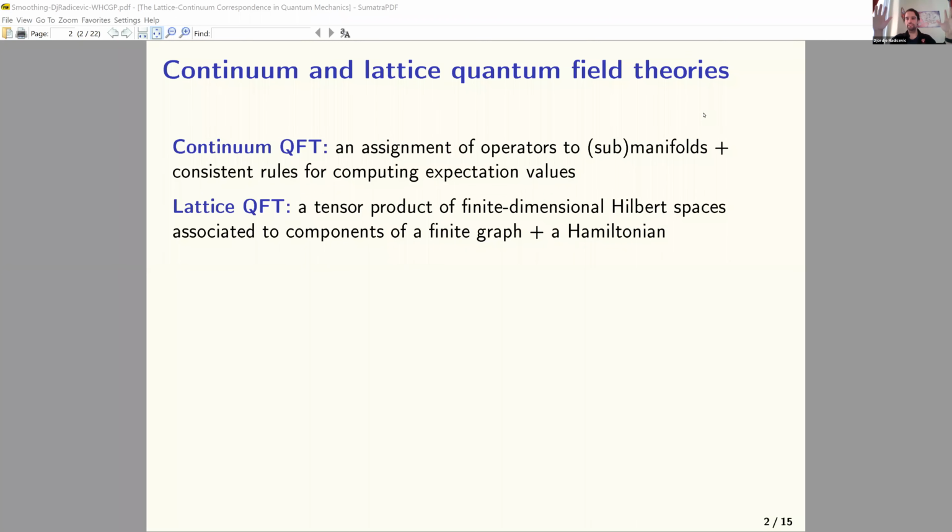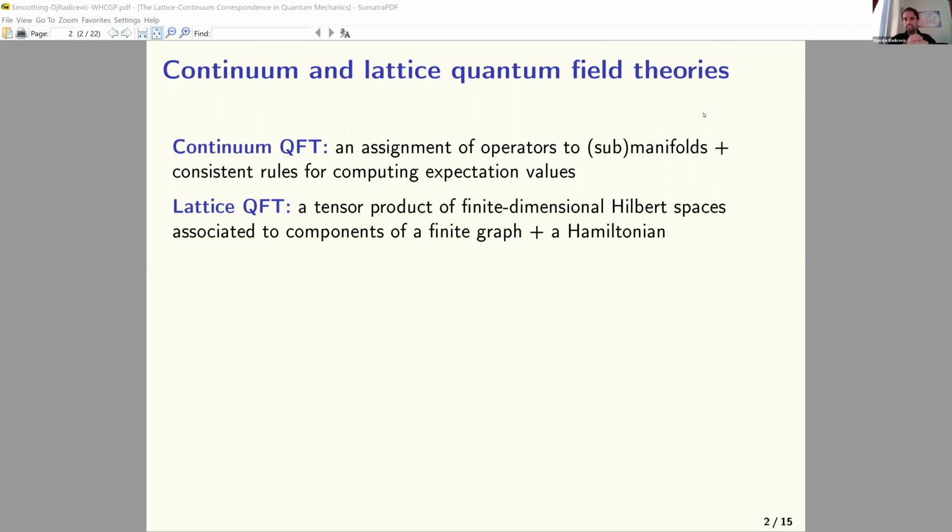I have some manifold, and I have some assignment of operators to parts of that manifold. Points, lines, surfaces, maybe even the entire manifold, etc. And then I have also the dynamics of this quantum theory, which is essentially some self-consistent set of rules which allow me to assign expectation values to operators and to products of operators.